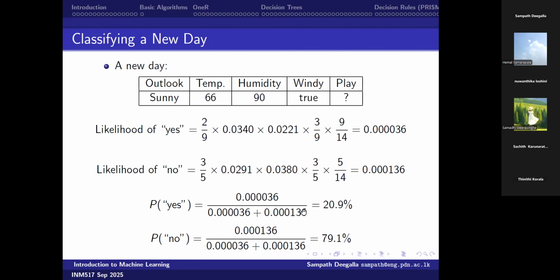And when you normalize, for this particular day, we are getting 20.9% for class yes, 79.1 for class no. So what is the final outcome? Given the class yes, the probability is 20.9. No, it's 79.1. And that's how we calculate when we have numerical data.